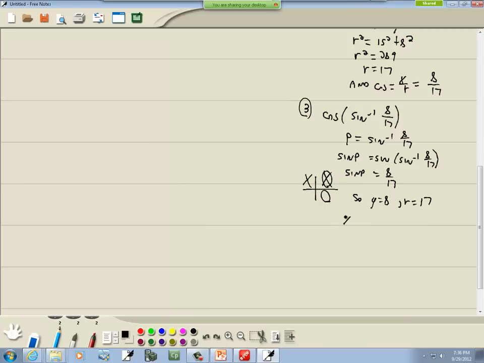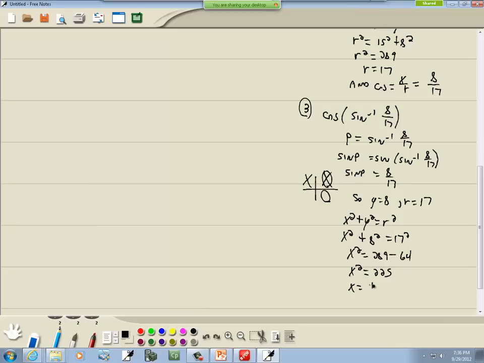So let's find x. We got x squared plus y squared is equal to r squared. So x squared plus 8 squared is equal to 17 squared. 17 squared is 289, and take the 8 squared over, that's 64. 289 minus 64 is 225.